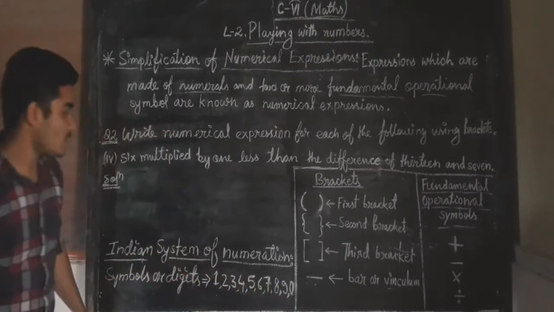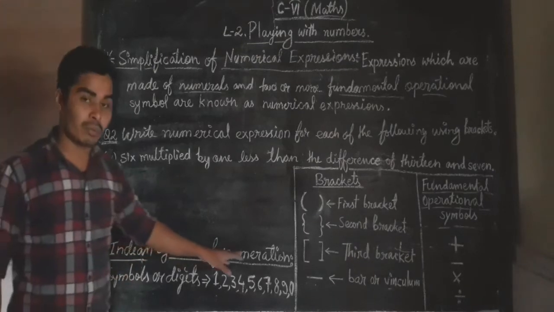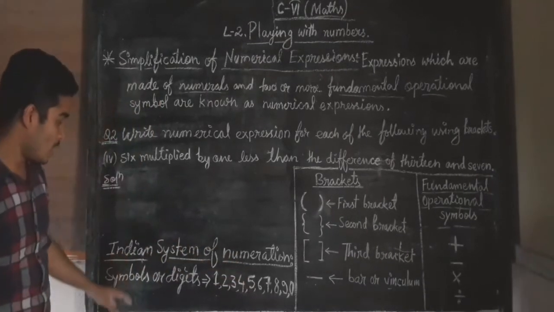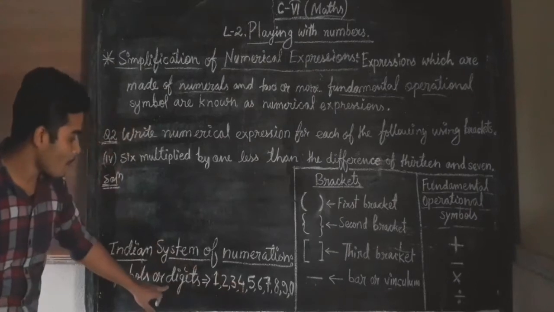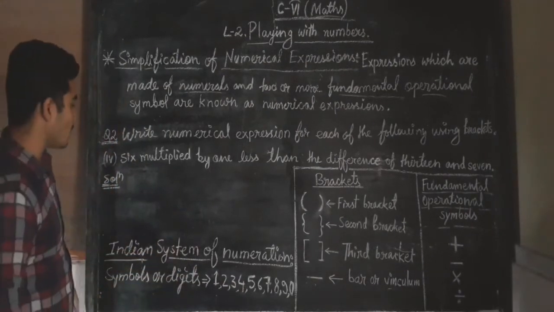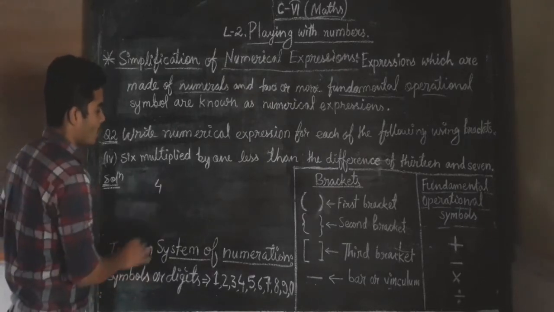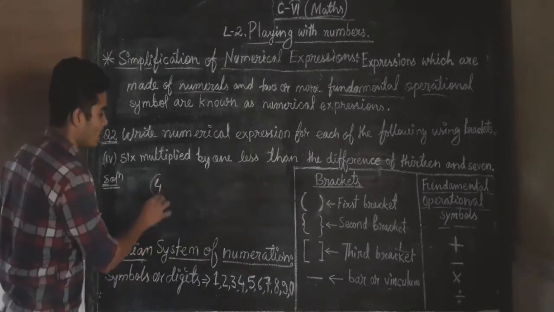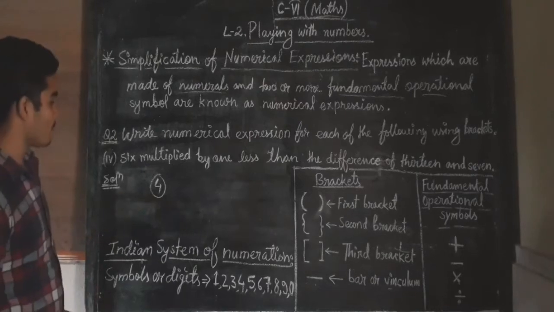These symbols are also called digits. For writing numerals we sometimes use a single digit, for example, only one digit, that is 4.